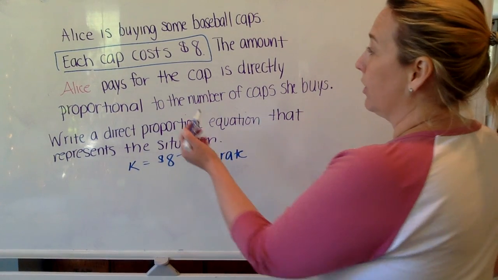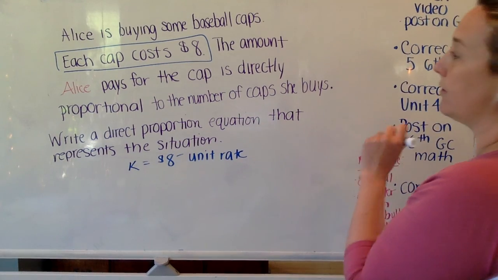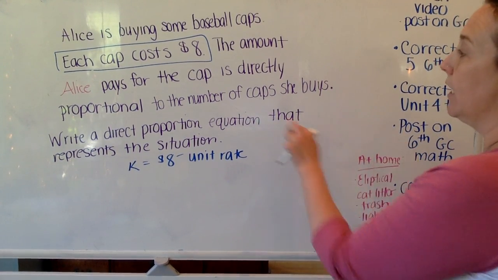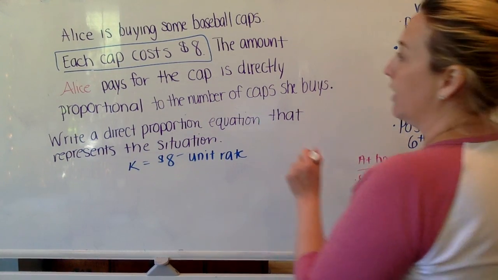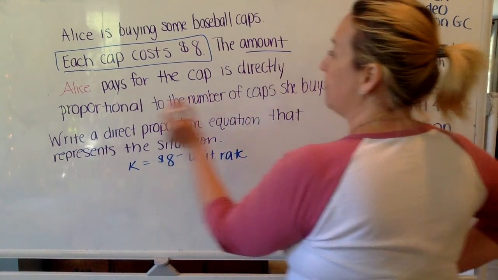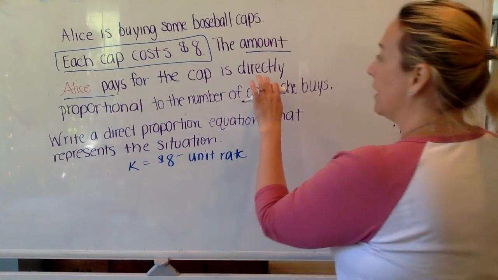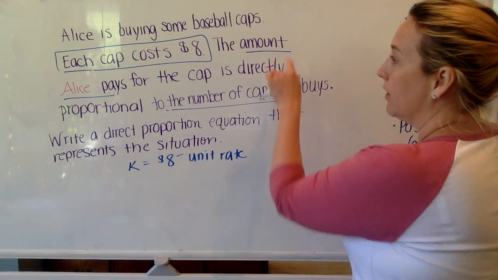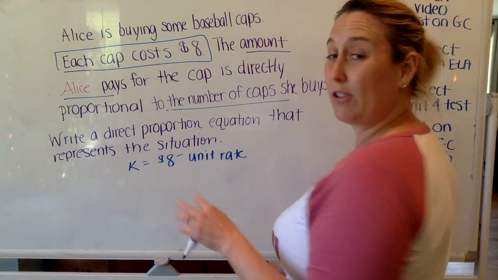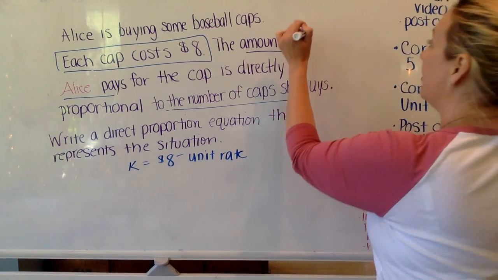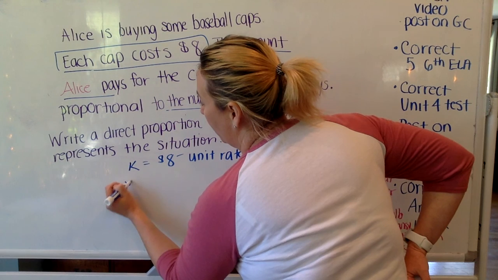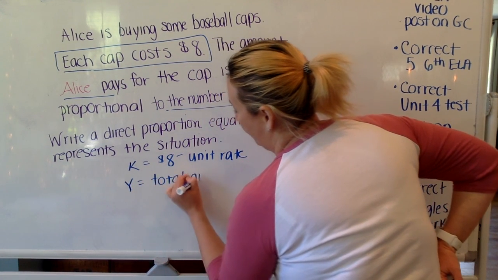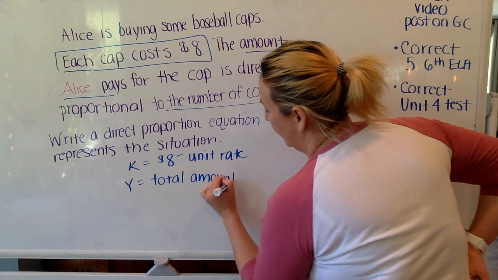Then hopefully you said the amount Alice pays for the cap is directly proportional to the number of caps she buys. So the amount she pays, that's the total amount she pays, that's your Y. Your Y equals total amount paid.